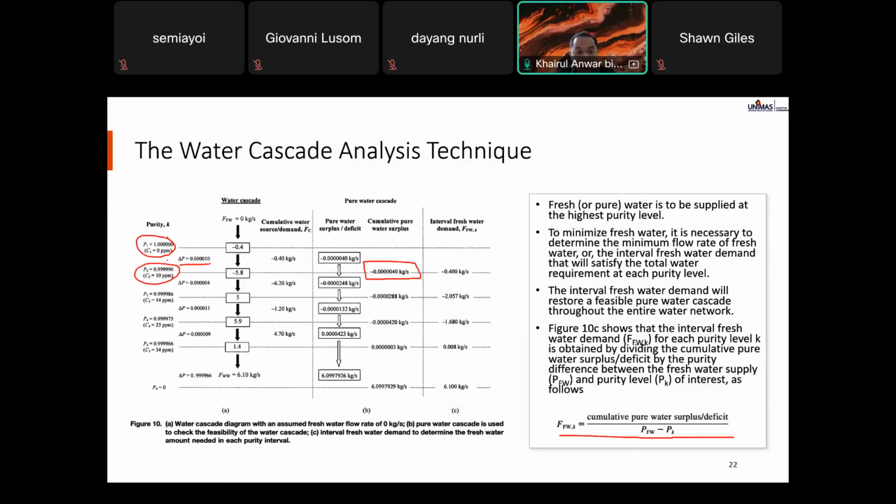Coincidentally, it's delta P for the first purity level, but for the second purity level, it's this value between 1 and number 3, divided by 1 minus 3. 1 minus 3 is P1, 1.0000 plus then 6 degrees.